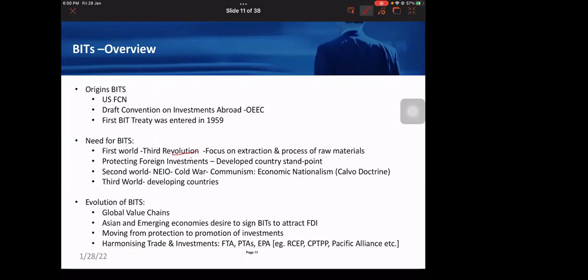India has also recently started to sign FTAs: the India-UK FTA, the India-Australia FTA, and incidentally the India-New Zealand FTA, which we never had. These are some of the major developments happening, and all these agreements do not necessarily focus only on trade, they also focus on investment-related aspects.